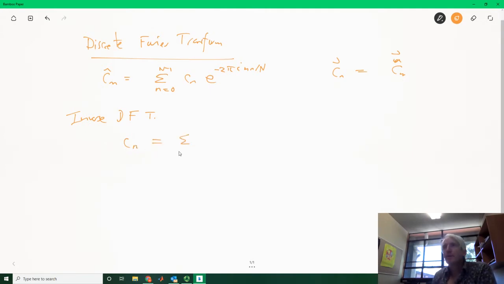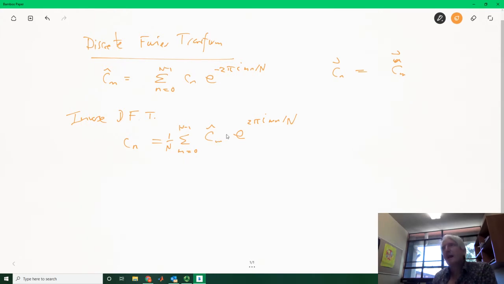The sum from m equals 0 to N minus 1 of c_m hat e to the power, and it's the same, 2 pi i mn over N. It's just a positive instead of a negative here. It conjugates, just like the inverse Fourier transform, and it has this 1 divided by N. So it scales differently. This is slightly important, and it loses some of the symmetry by having that, but if you had 1 over square root of N, I guess that would just cause confusion to people.